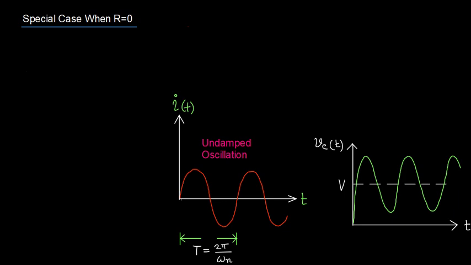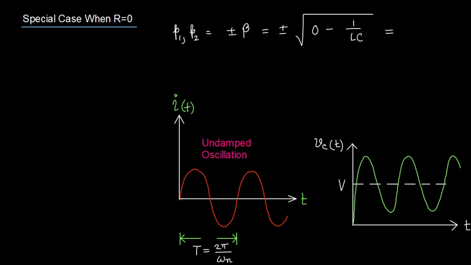A special case arises when the resistance of the circuit is equal to 0. Then the circuit consists of a pure inductor and a pure capacitor connected to the energy source. Roots of the characteristic equation p1, p2 are minus alpha plus minus beta. Here alpha is 0, so it is plus minus beta, which is plus minus the square root of (R by 2L) whole square minus 1 upon LC.